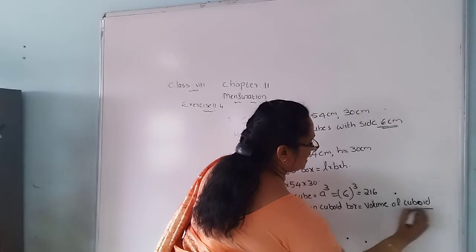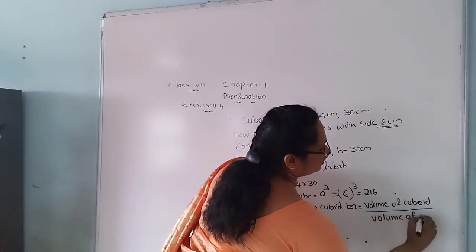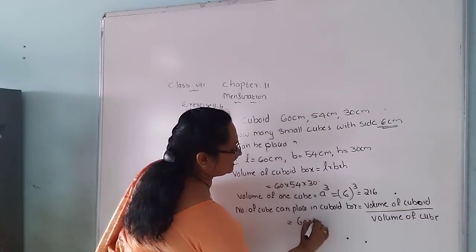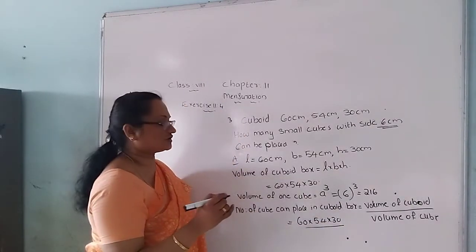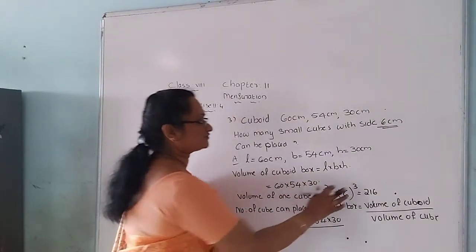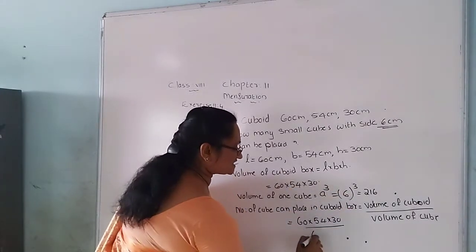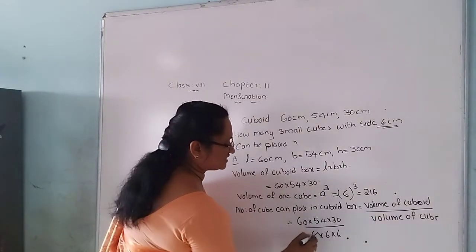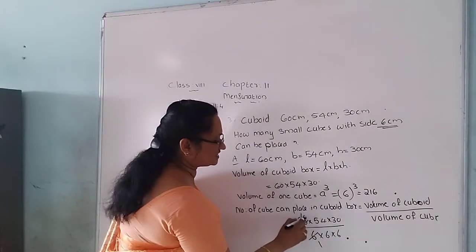So the volume of the cuboid is length into breadth into height, that is 60 into 54 into 30, just a number, right. Later we can cancel. Here this part, 6 cubed, means 6 into 6 into 6. Anyhow, the cancellation goes this way. 6 one is 6. 6 tens are 60, 10 times.